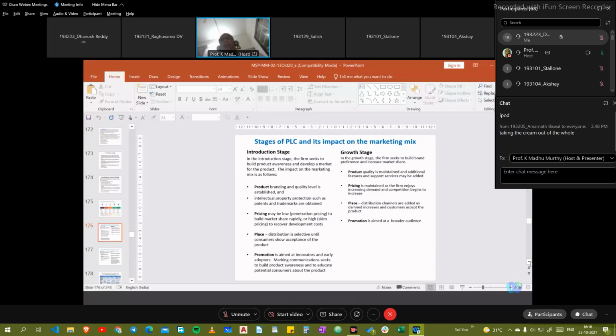So owners of the Fiat car had to depend on private garages. Even today, the situation is the same with Fiat. That's the reason why it is not able to sustain in the Indian market. About 3 or 4 years back, Fiat had come to an agreement, an MOU with Tata Motors. So Tatas are now servicing all Fiat vehicles. So Fiat, even today, doesn't have its own service network. So that had been a problem.